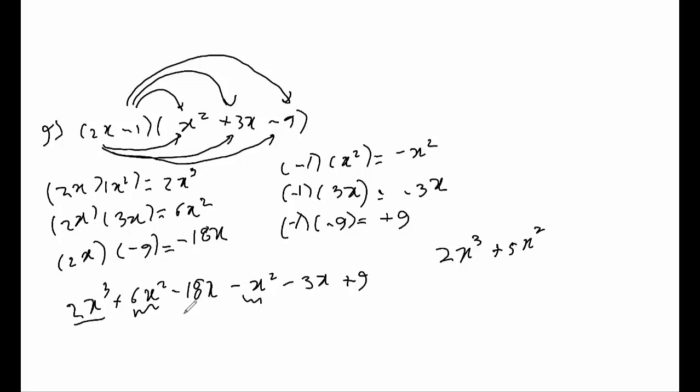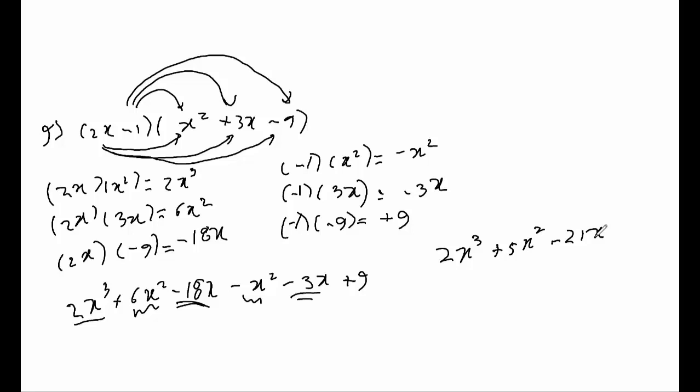Then I have a negative 18x and a negative 3x, and that will give me negative 21x.